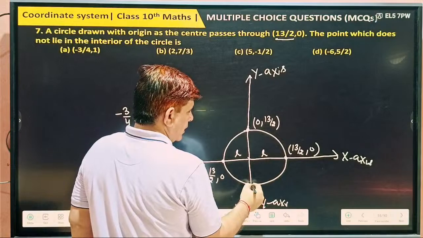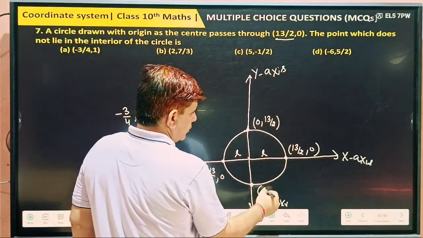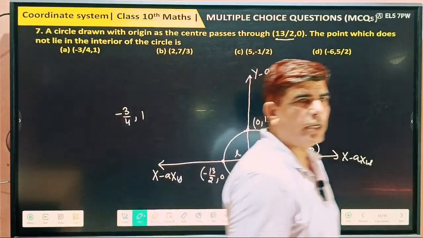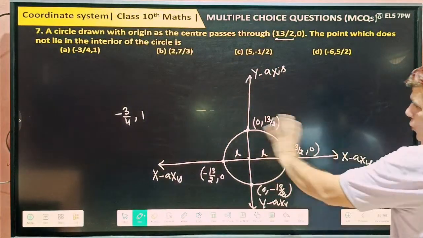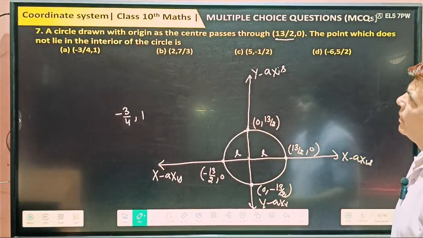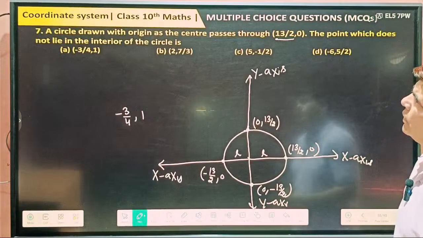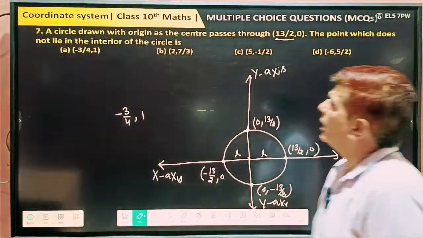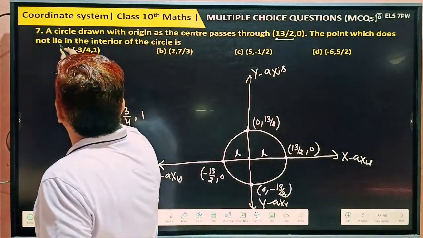13/2. And what are the coordinates of this point? 0, minus 13/2. I told you all 4 points' coordinates. The question says a circle is drawn with the origin as the center, and asks which point does not lie in the interior of the circle.